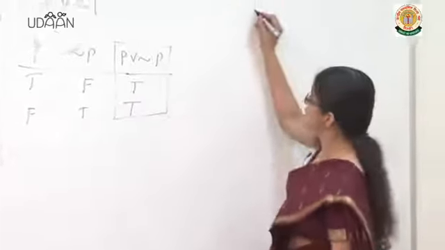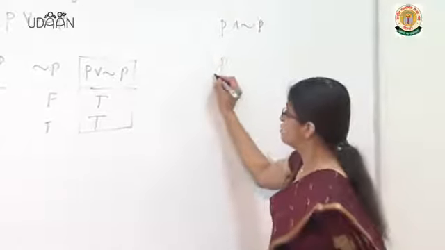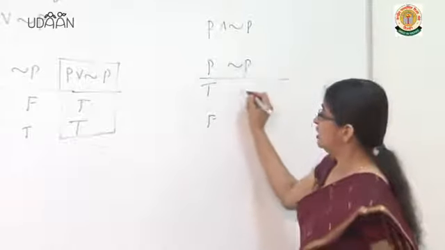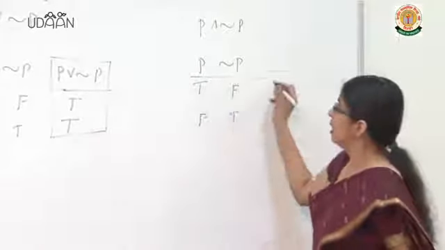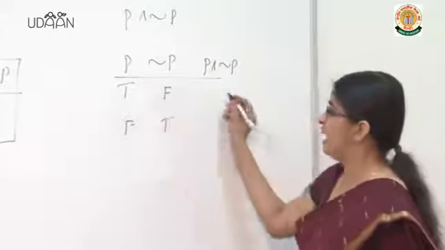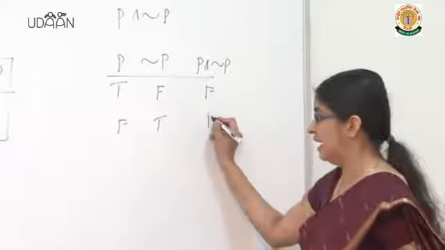Now let us discuss P and negation of P. P has truth values T or F, negation of P false or true. We have to calculate P and negation of P. True and false is false, false and true is again false.